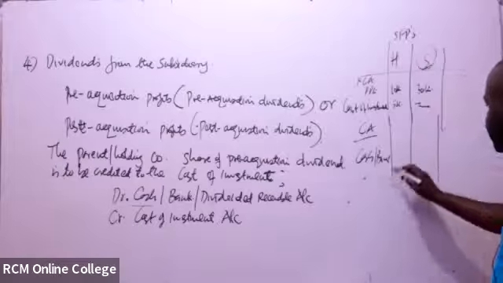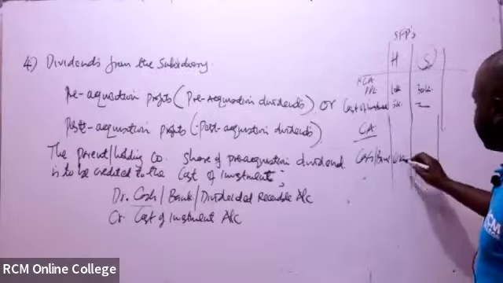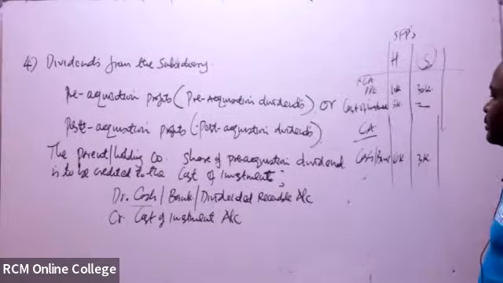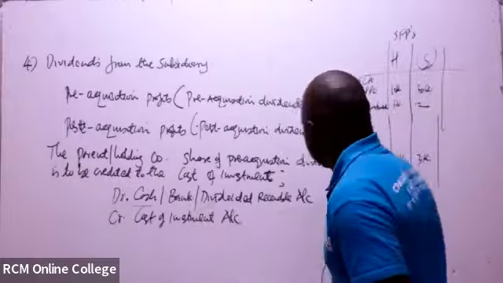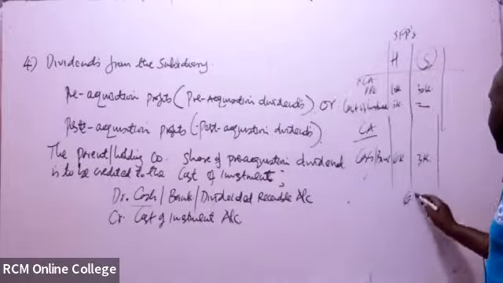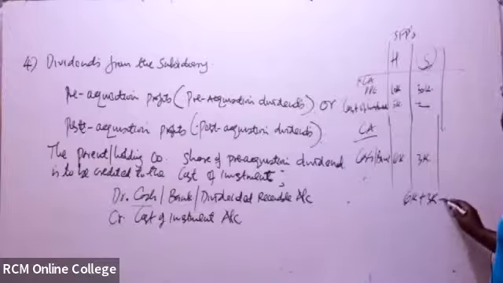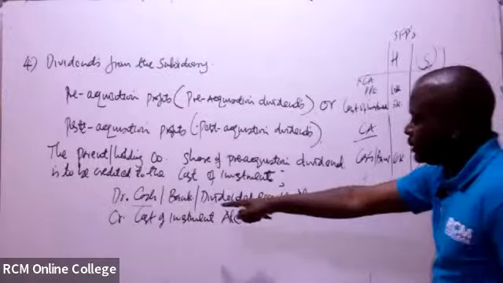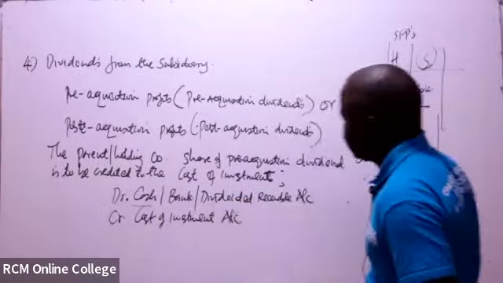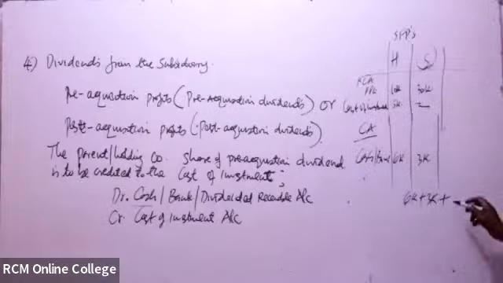The question continues. Maybe this one is actually 6K. This one is maybe 3K. So these dividends you've actually received, you'll basically say 6K plus 3K plus that dividend received, because it is increasing. If it was paid by cash, you'll end up having to increase it. Maybe you actually paid dividends of 1K.